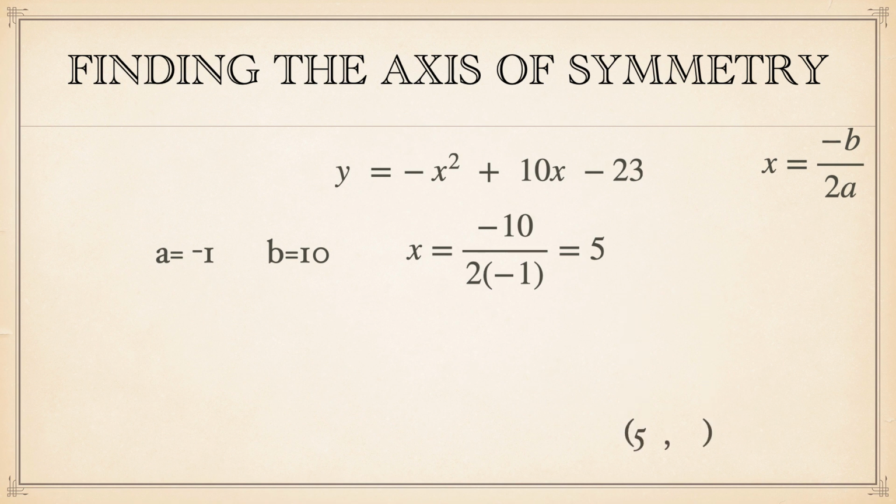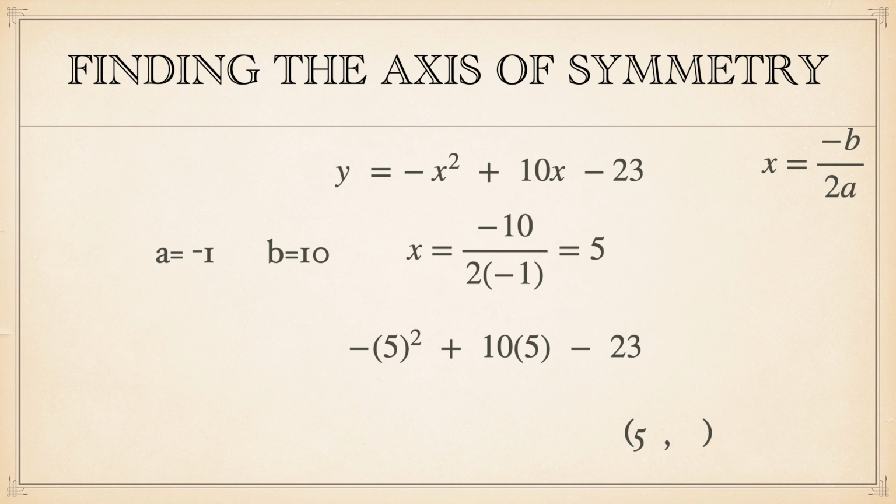Okay, this is where the tricky part comes in. Notice that I have a negative on the outside, but I have a positive 5. That negative just stays there. It's meaning the opposite of 5 squared. Well, 5 squared is 25, okay?